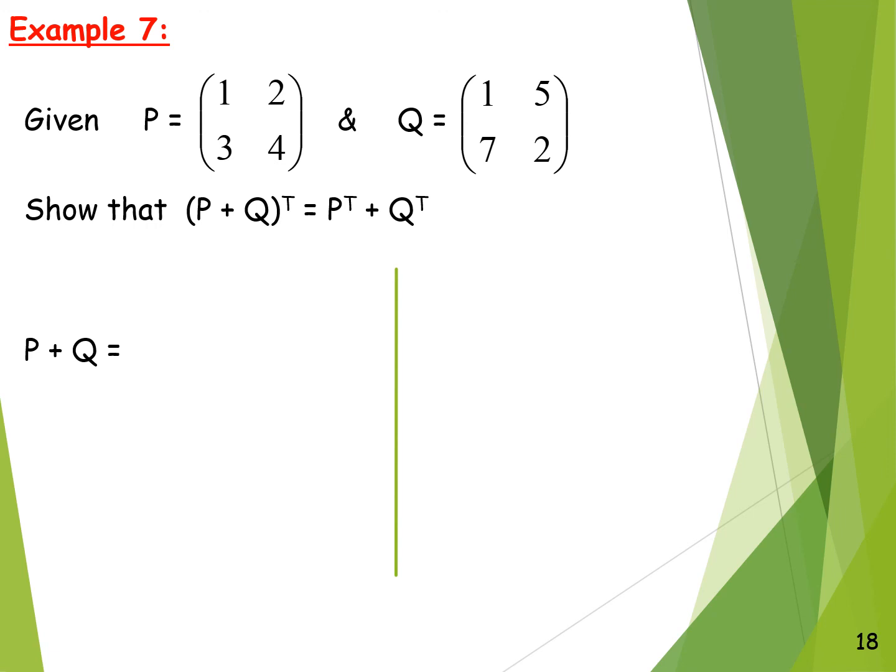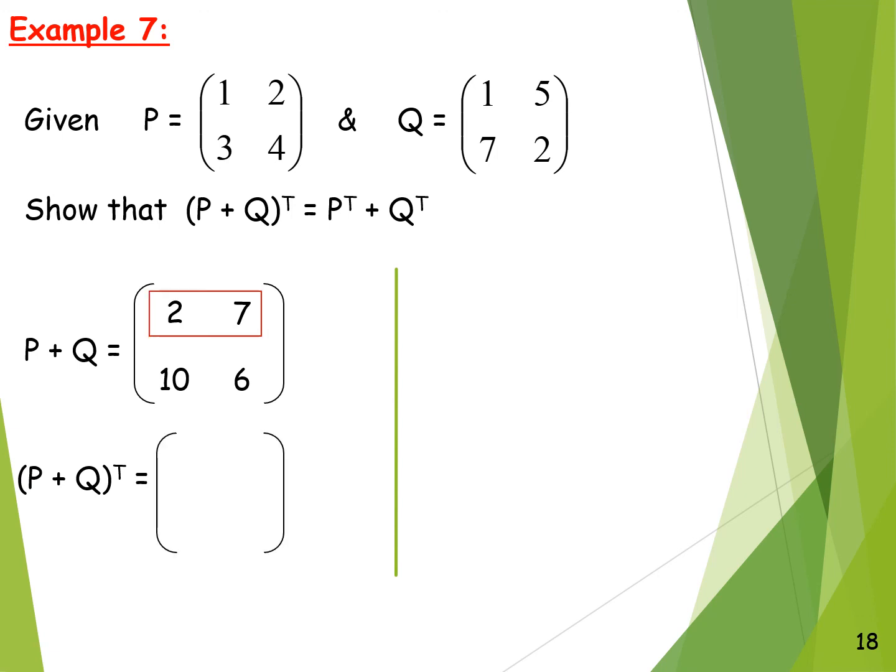So we need to find P plus Q. P plus Q is equal to 2, 7, 10, 6. And then we transpose this matrix: the row 2, 7 becomes the column 2, 7. The row 10, 6 becomes the column 10, 6.